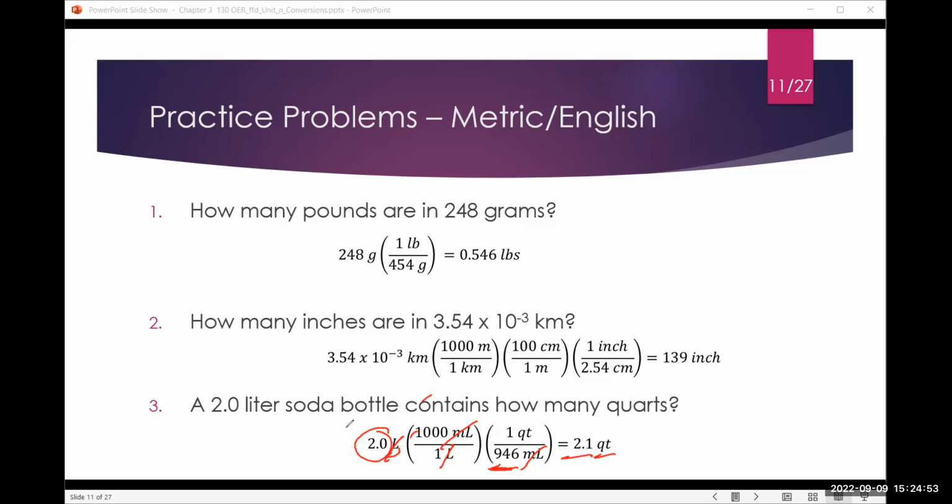But if, for example, we started off with 2.000 for whatever reason, which has 4 Sig Figs, then our answer, as far as Sig Figs, will be determined by the 3 Sig Figs in 946. Okay, so I'm just wanting to give you a heads up. So pay attention to those 2 conversion factors when you utilize them in your calculations.